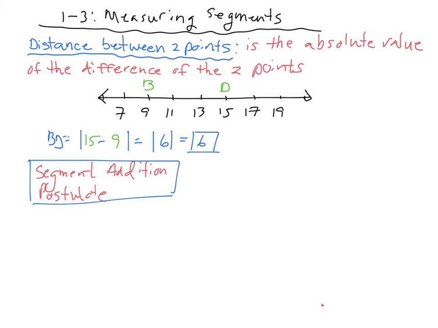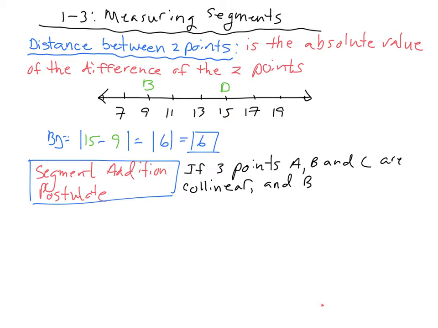So your segment addition postulate says the following. If 3 points A, B, and C are collinear, and some of these postulates can get real wordy, so don't get wrapped up in it.